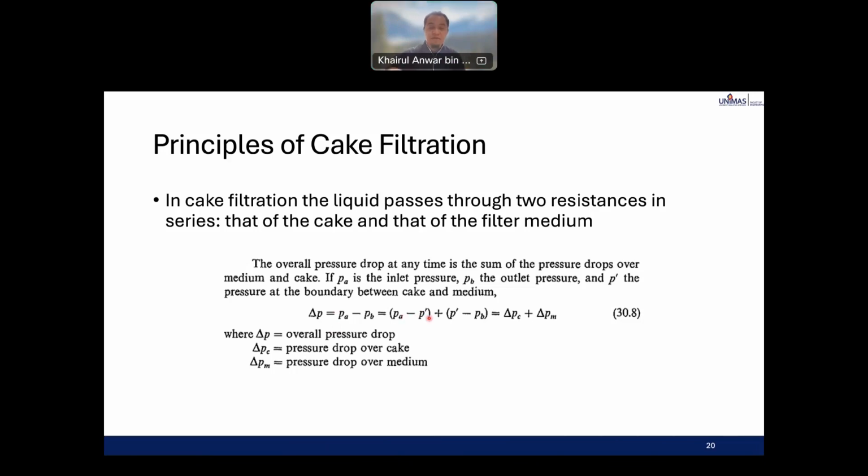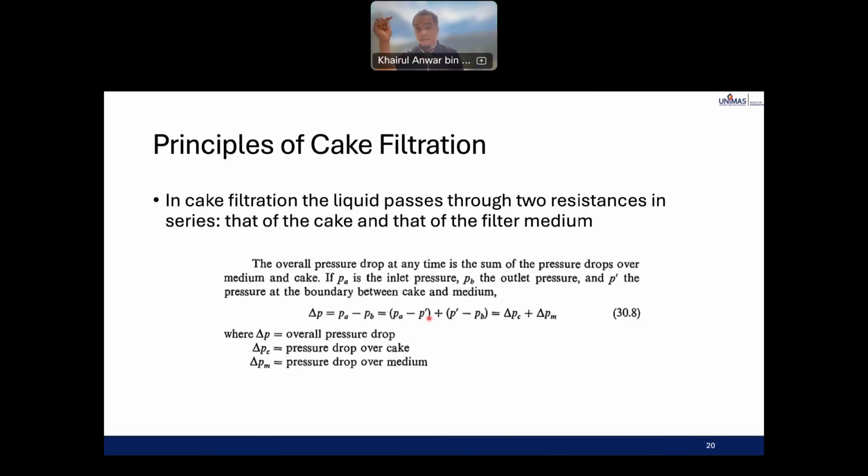So the P prime here refers to, because it starts with the cake, PA is when the pressure hits the cake first. Then the pressure will drop within the cake, theoretically. Then when it starts to reach the surface of the medium, that is what we call the P prime. From the P prime, it will drop again when it reaches the end of the filter to the filtrate side. That one we call PB.